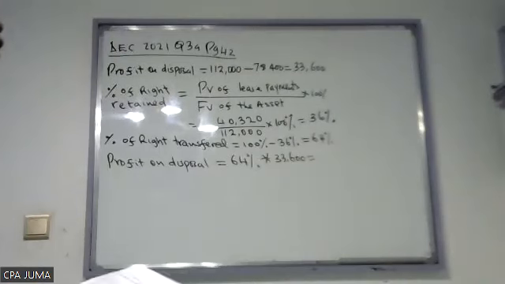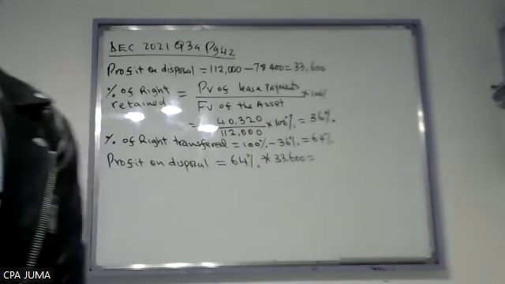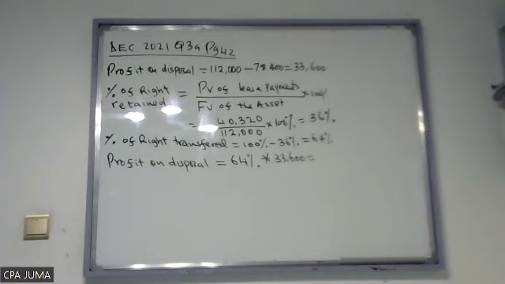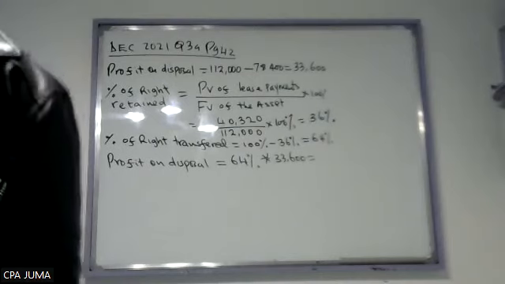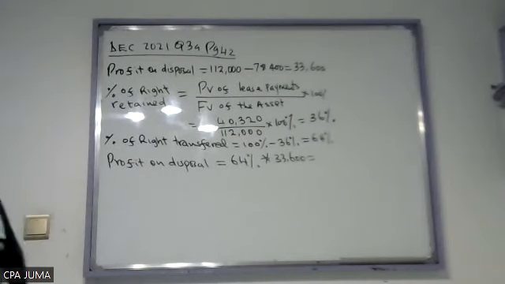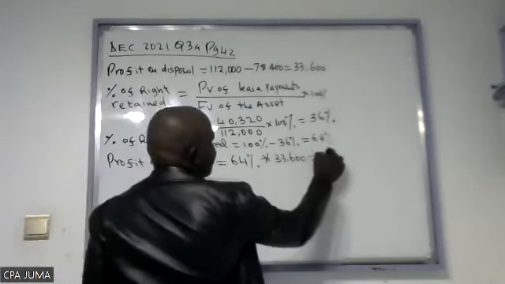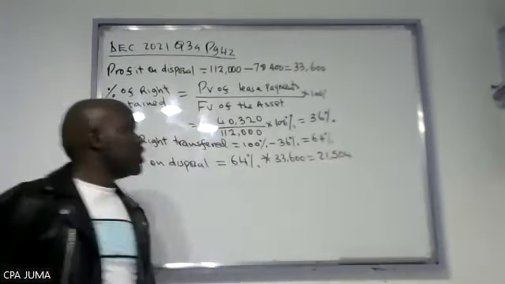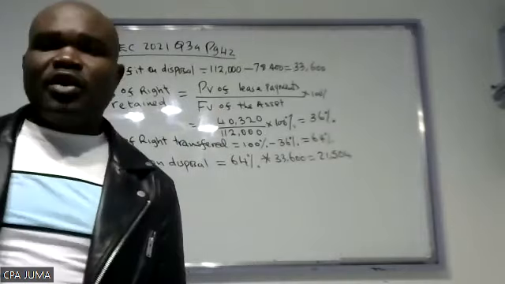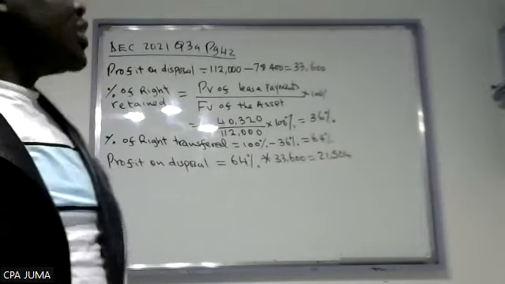That is the profit we are going to recognize. So 64% of 33,600, what do you get? You get 21,504. That is the profit we are going to recognize in the financial statement.